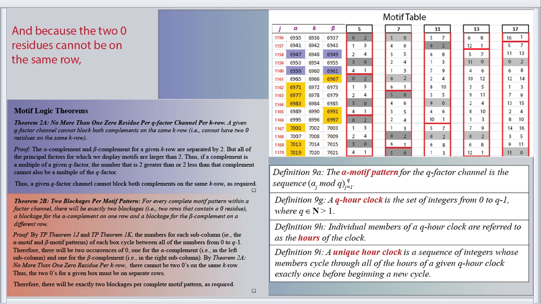And because the 2 zero residues cannot be on the same row, they must be on 2 different rows. Therefore, there will be exactly 2 blockages per complete motif pattern, as required. As we shall see, this last conclusion makes it possible for us to calculate the number of partial twin pairs with 100% accuracy.